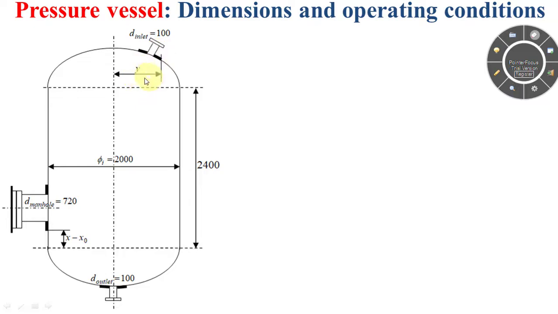Here, we have a certain distance y that should encompass all the inlet nozzle. In other terms, the farthest point of the inlet nozzle should be inside this distance y with regard to the axis of the pressure vessel.